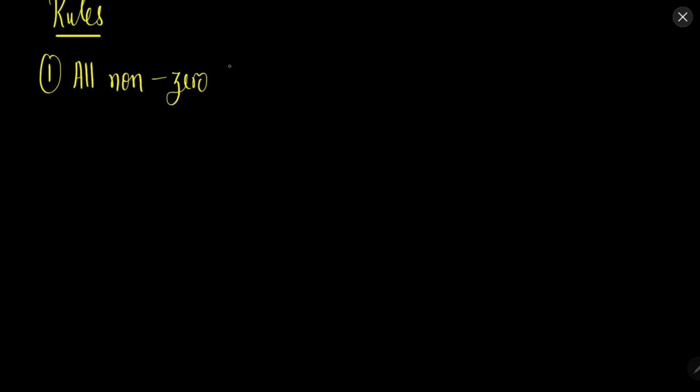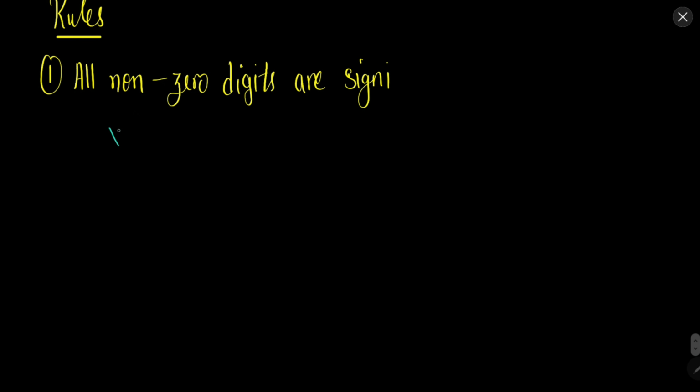In any measurement, whatever the non-zero digits are, we consider all of them significant. For example, let's say the measurement is 2651. How many significant digits are here? 4 significant digits, because all are non-zero.